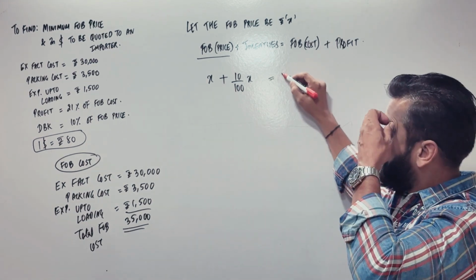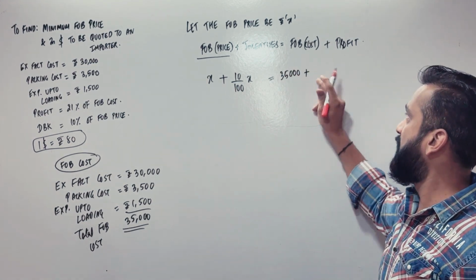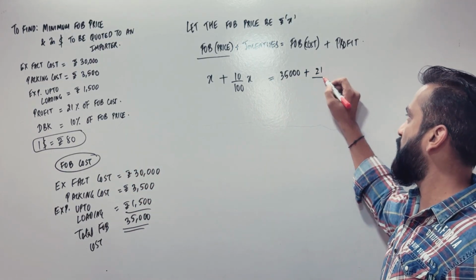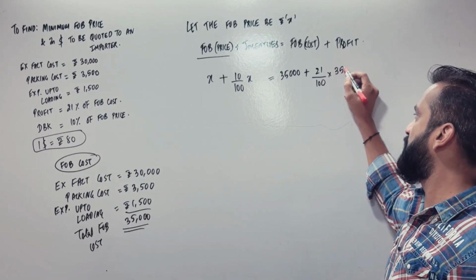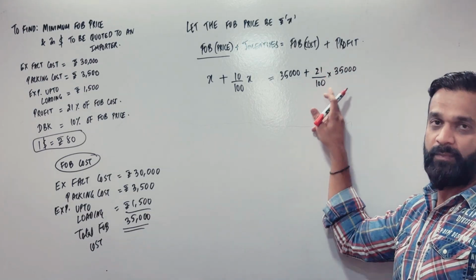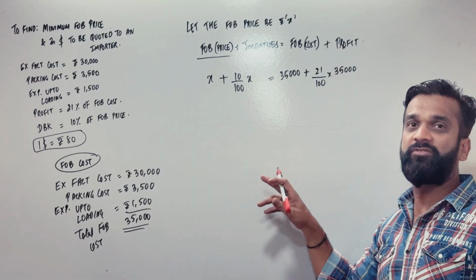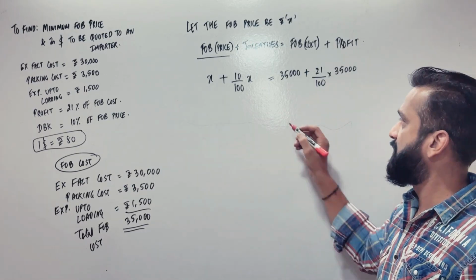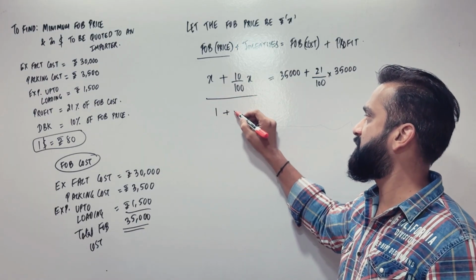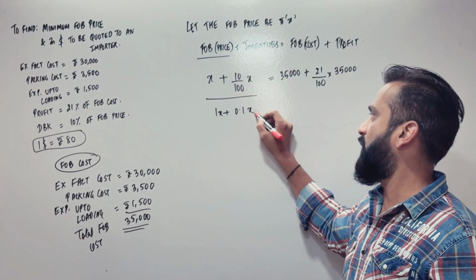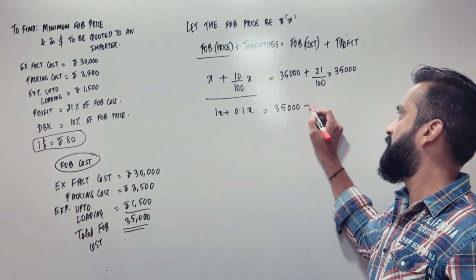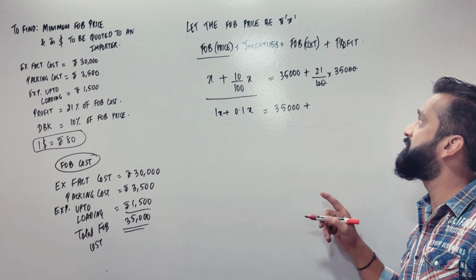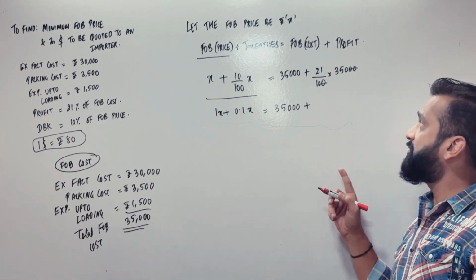FOB cost, which is 35,000, plus the profit, which is given as 21% of FOB cost. This 21% of FOB cost you can get on the calculator. That is 35,000 into 21%. So I will get 1x plus 0.1x equals 35,000 plus 35,000 into 21%, which is 350 into 21 also.